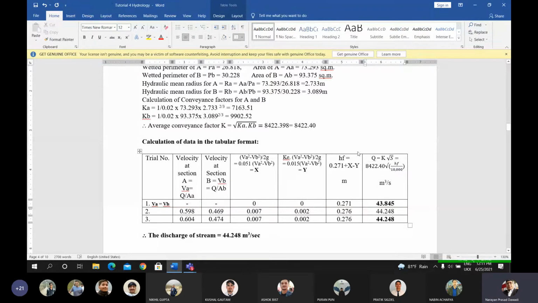Then you will get the discharge in meter cube per second.